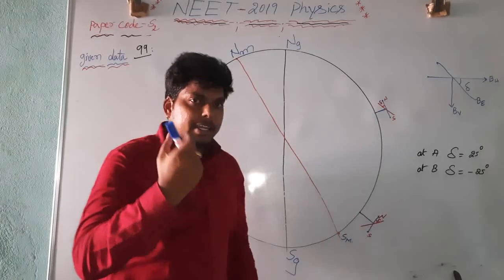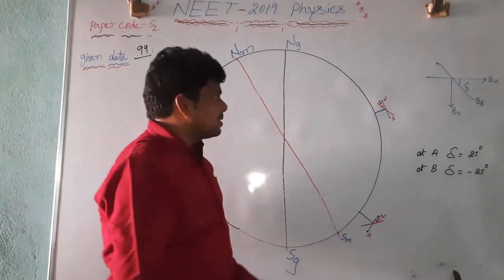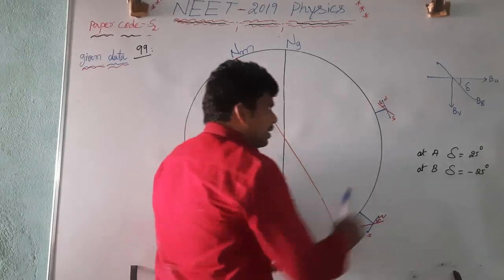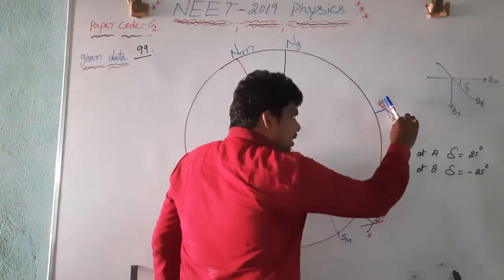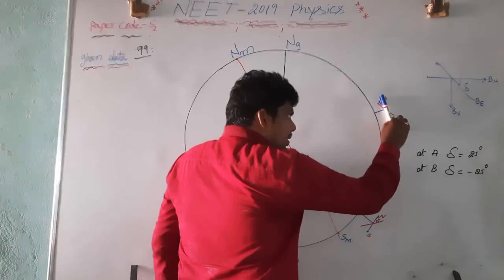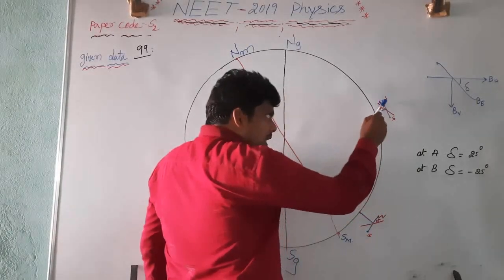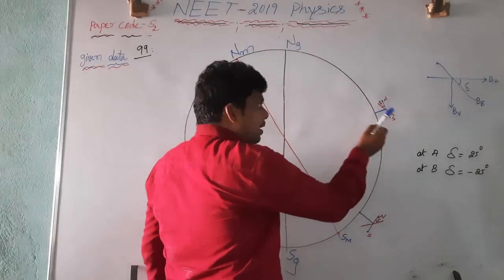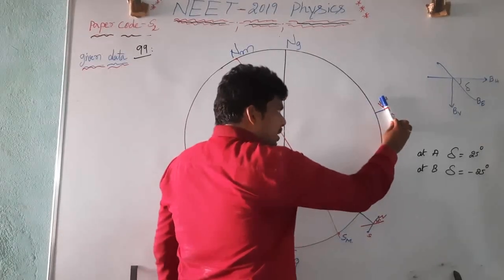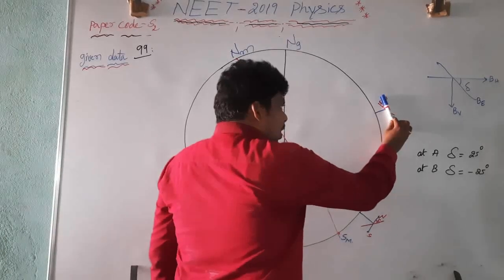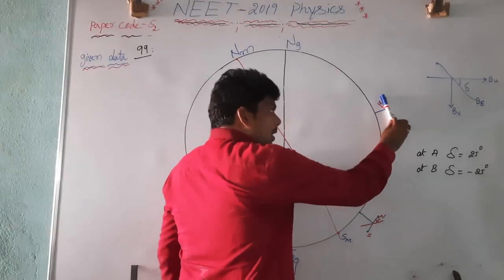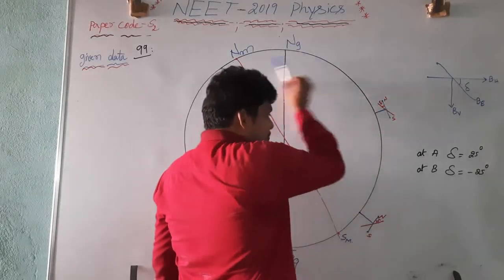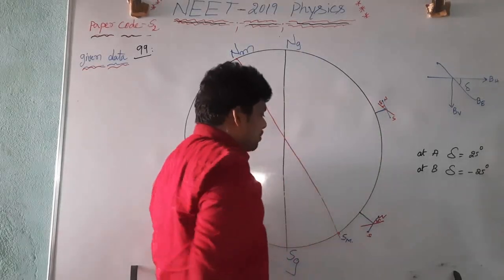Now I have taken a compass needle and that is placed at a point in the northern hemisphere. Here North Pole is there, here South Pole is there. The compass needle, marked with the blue color line, is placed in the northern hemisphere. Whatever the compass needle is there, that tends to align with the magnetic field lines which are present due to the magnetic field of the Earth.